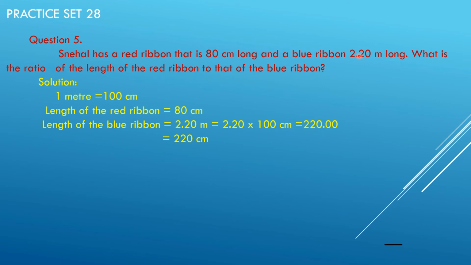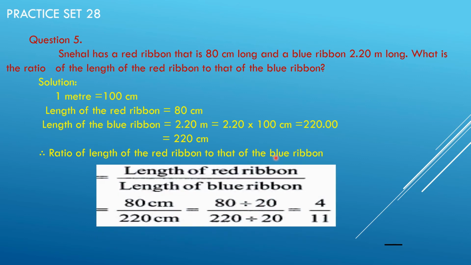Therefore, 2.20 into 100 centimeter is equal to 220 centimeter. And therefore, the ratio of the length of the red ribbon to that of the blue ribbon is equal to the length of red ribbon upon the length of blue ribbon, which is 80 centimeter upon 220 centimeter.